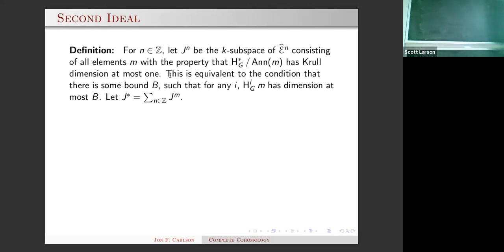Now, Krull dimension at most 1 means that basically it's sort of like a module over a polynomial ring in one variable.